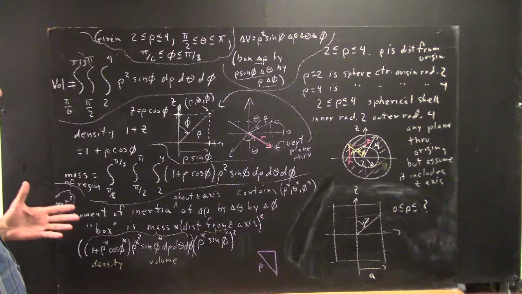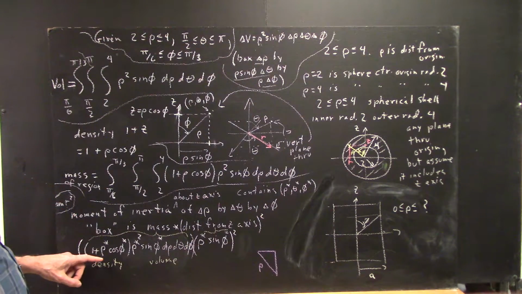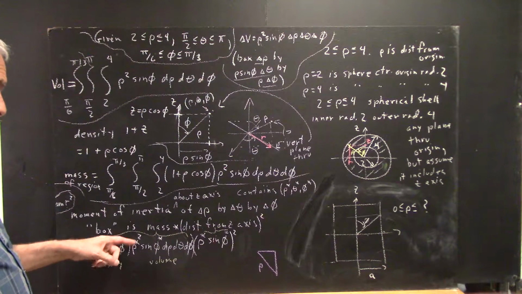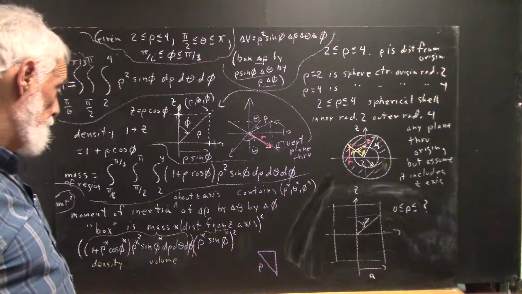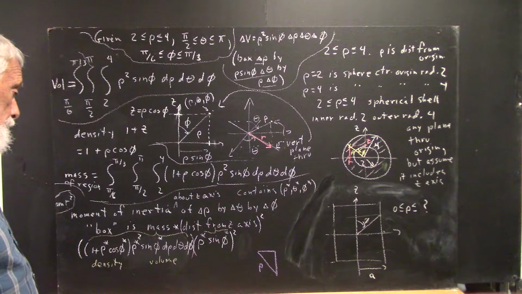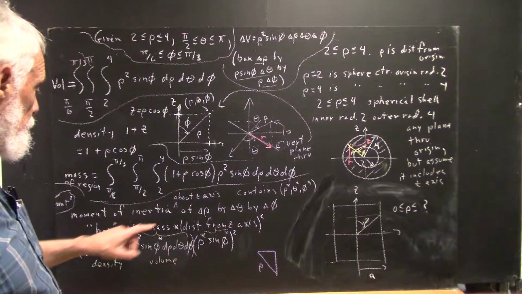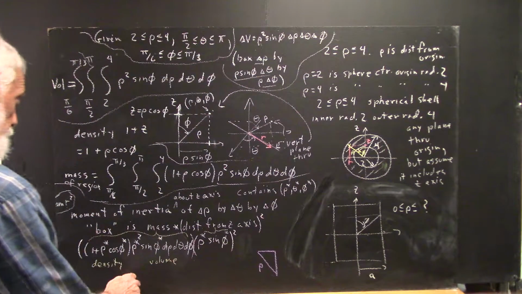The mass of the material inside that box is 1 plus rho star cosine of phi star times rho star squared sine phi star d rho d theta d phi. And then you have to multiply that by the distance from the z-axis. This is your mass increment. This is your delta m.